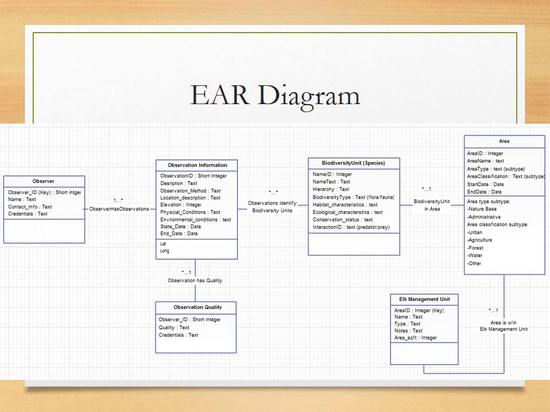This database will be used to help analyze elk populations in relation to their habitat and other entities such as more in-depth biodiversity units including flora and fauna, since elk rely heavily on the habitat to have good canopy cover, adequate water supply, and less predator stress from wolves, mountain lions, and bears.